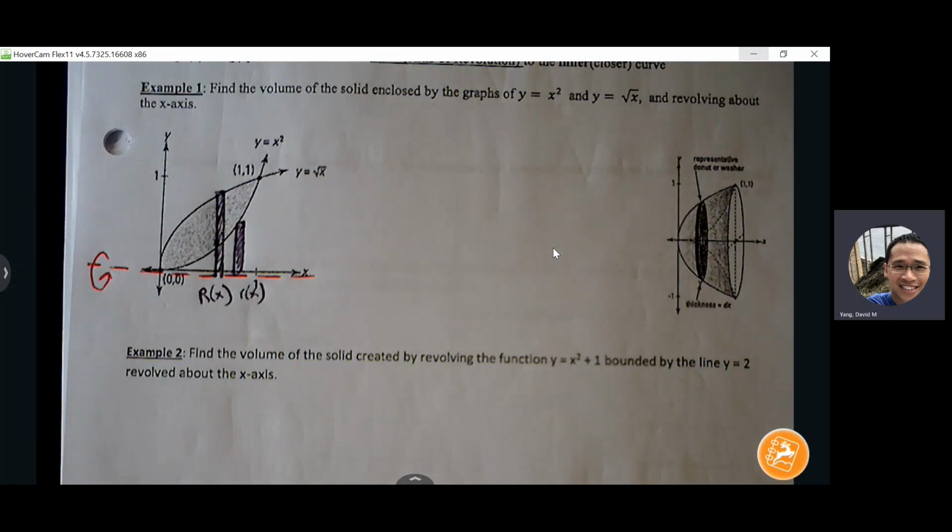Now, when you find the bounds, and this is important, just look at your shaded region. Pretend as if you're just finding area. The bounds are the same thing. Sometimes you may see an axis of revolution that's really far away, and you feel like you have to do something different with the bounds, but the bounds are just for your shaded region. You don't care about where your axis is, or where the object's going to end up looping around.